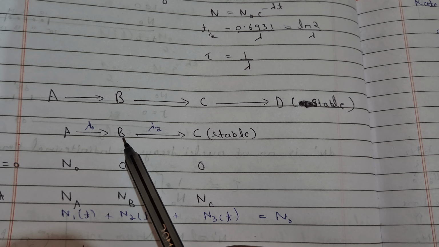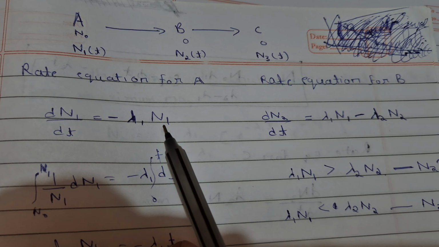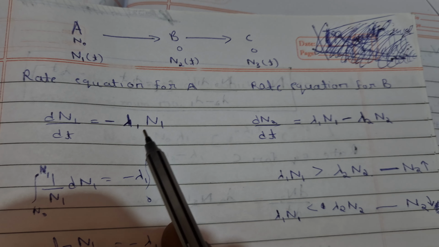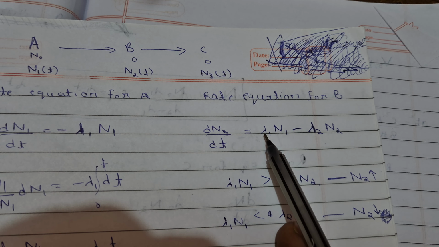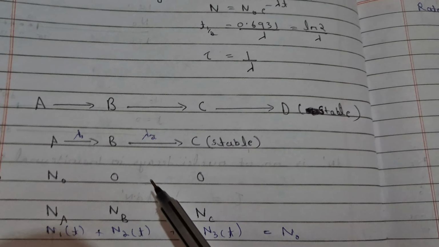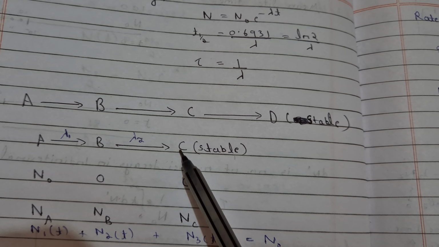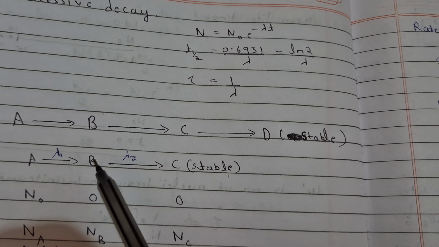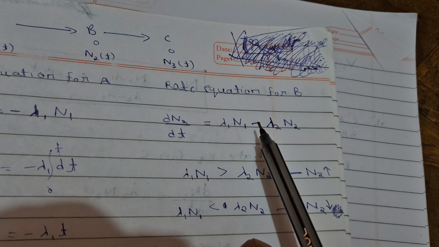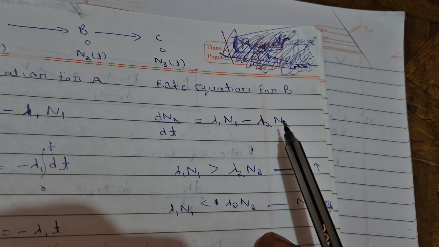The increase depends on n1: A is decreasing at this rate, so B is increasing by the same rate, lambda 1 n1, plus because it is increasing. Now the rate at which B is disintegrating into C depends on how many nuclei are present at B at a particular time, that is minus lambda 2 n2, minus because it is decreasing to C.